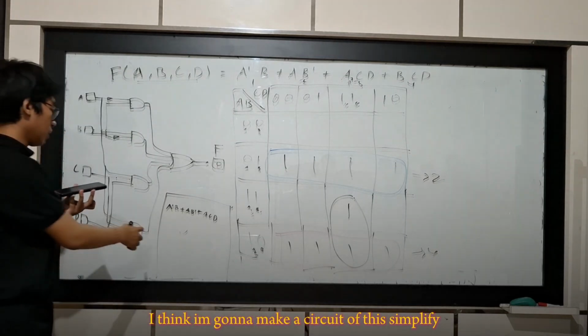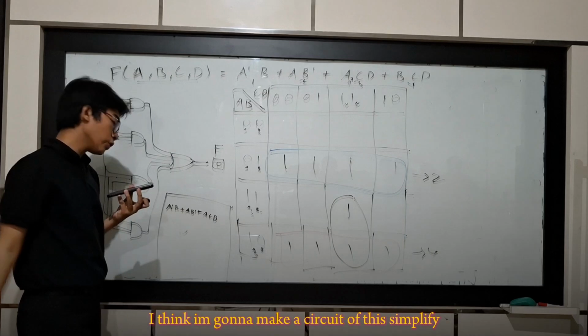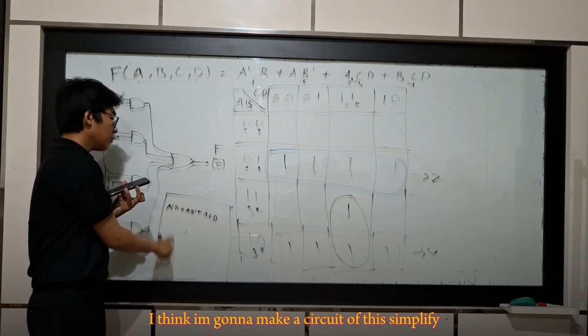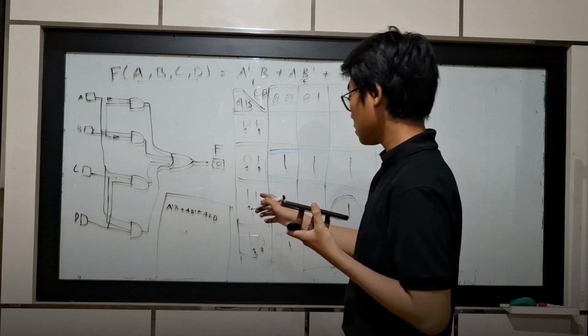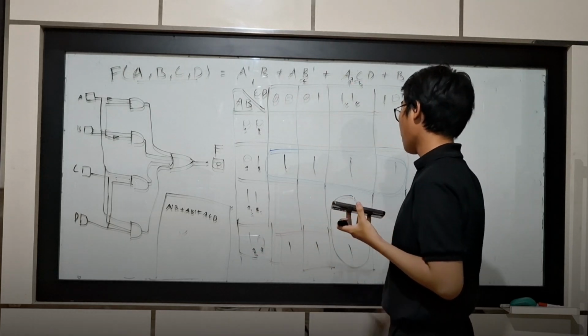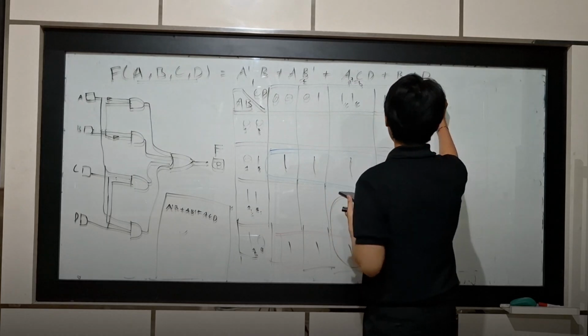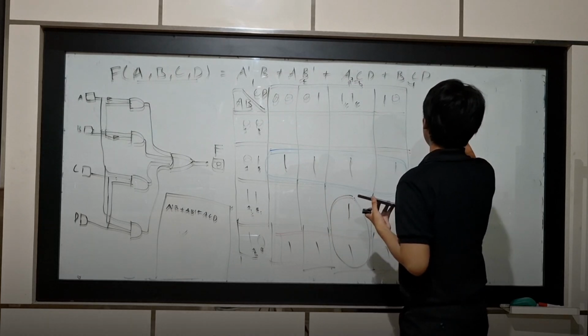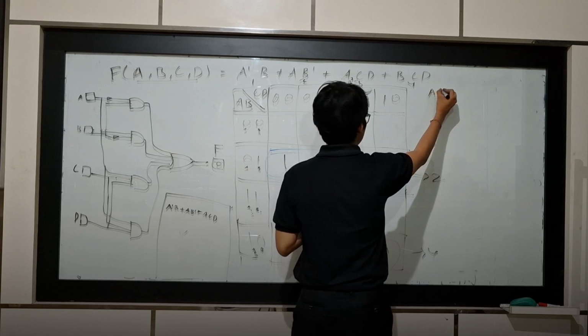I think I'm going to make the circuit of this simplification. Okay. From the simplification, we just have to take like this. I'm going to write from this area first.